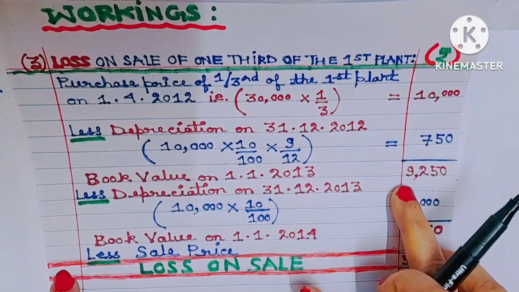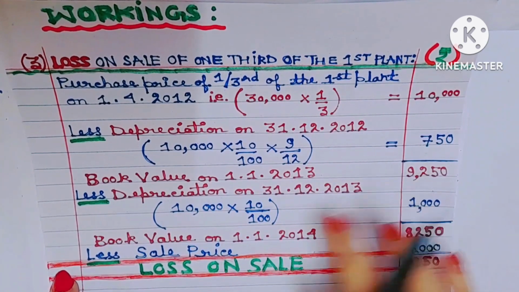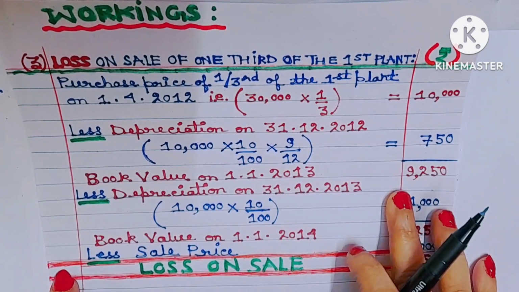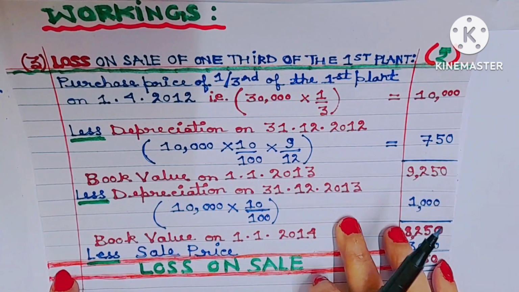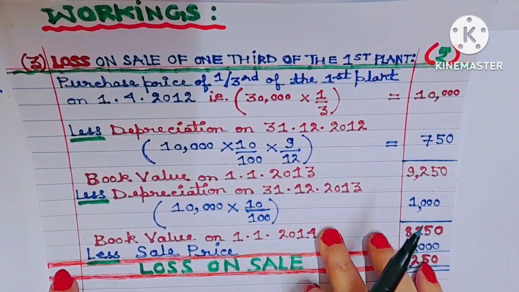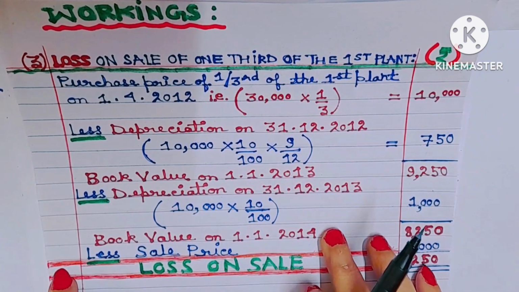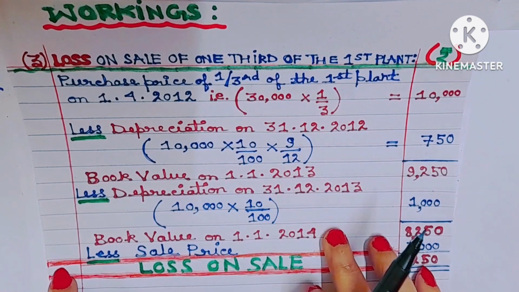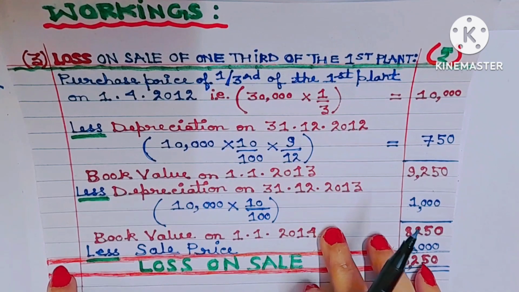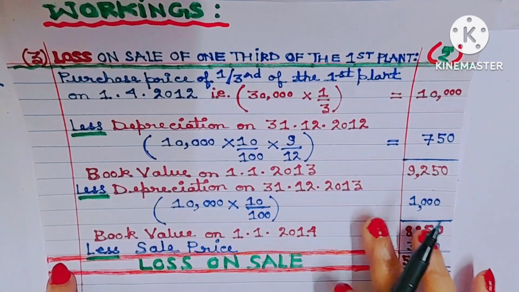Again, why are we charging depreciation in the year 2013 also on 10,000 and not on rupees 9,250? Please remember, in this particular problem, we have been asked to charge depreciation under the straight line method, or SLM in short form. The straight line method is also known as the original cost method, because under this method depreciation is charged at a fixed percentage on the original cost of the asset. Understood? The amount of depreciation remains equal from year to year.